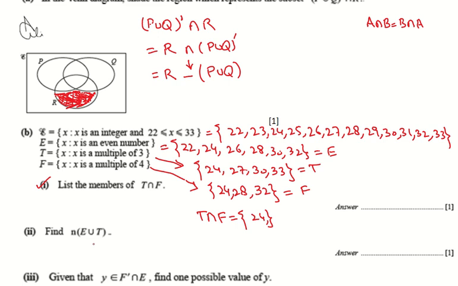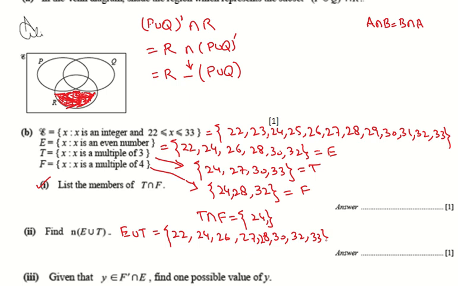Now we find the number of elements in E union T. First we find the value of E union T, which is the union of E and T, all the elements in E and T: 22, 24, 26, 27, 28, 30, 32, 33.